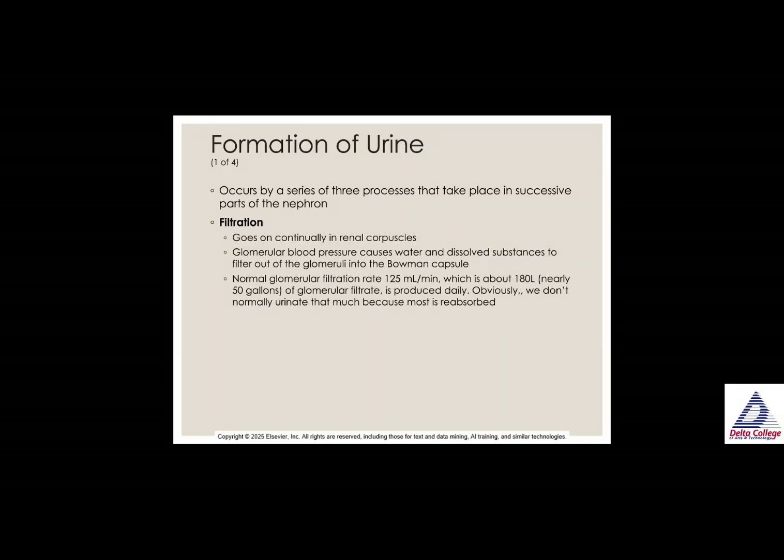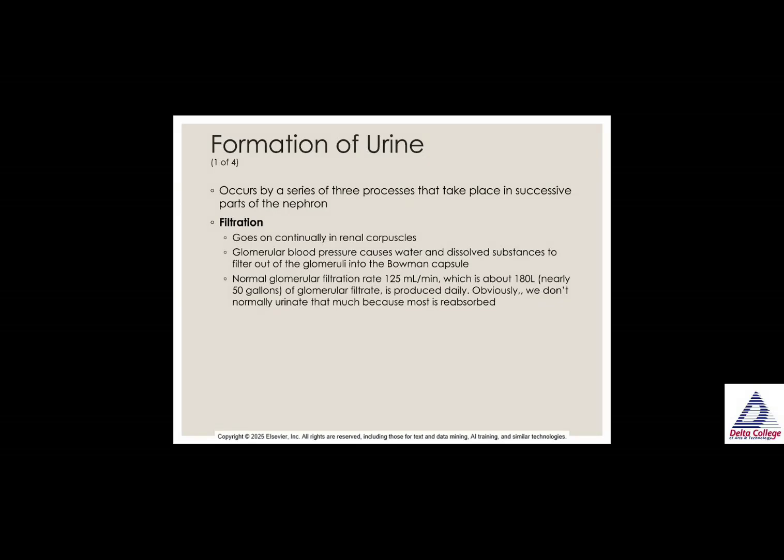Now, formation of urine occurs by a series of 3 processes that take place in successive parts of the nephron. Filtration. This goes on continually in the renal corpuscles. Glomerular blood pressure causes water and dissolved substances to filter out of the glomeruli into the Bowman capsule.